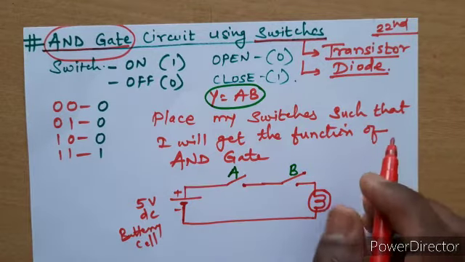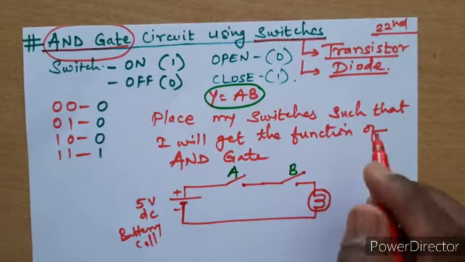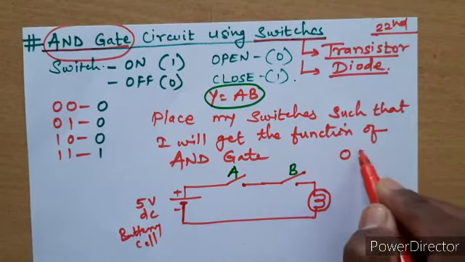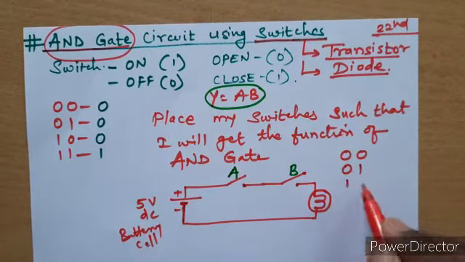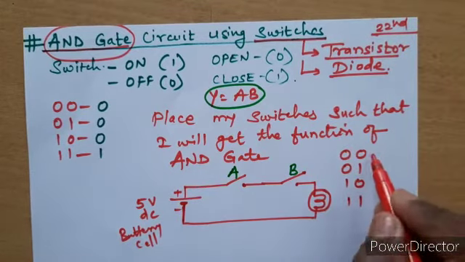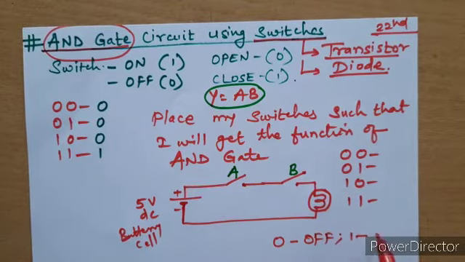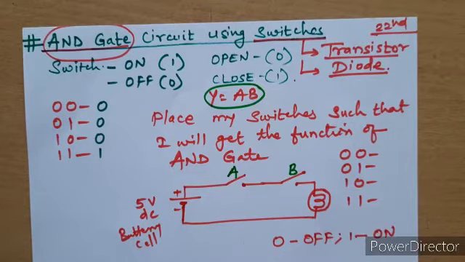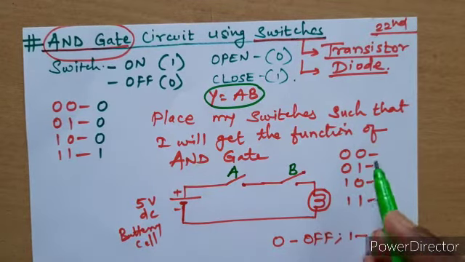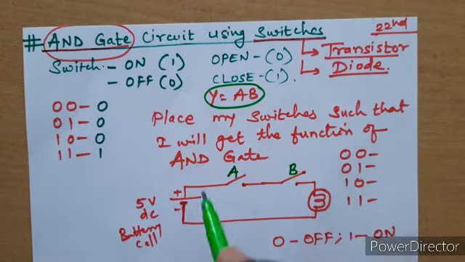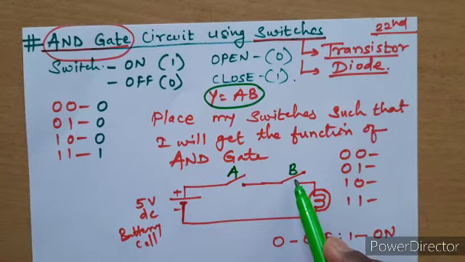Let us consider again the truth table: 0 0, 0 1, 1 0, 1 1. As I said, 0 means off and 1 means on. Let us try this combination. 0 means the switch is off, and this switch is off.